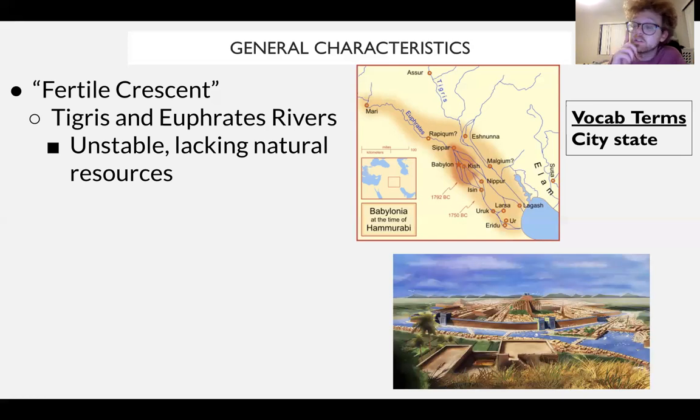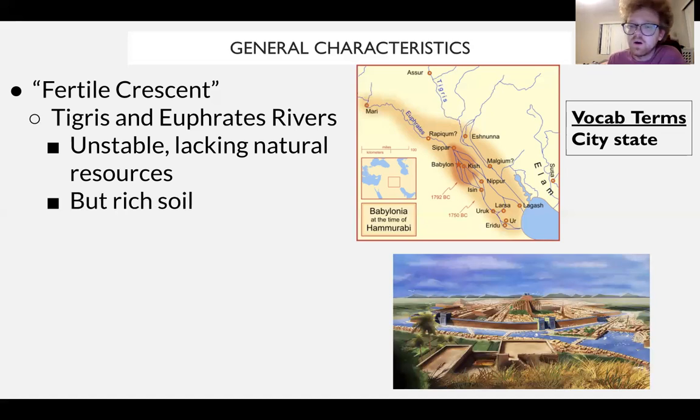Therefore, it's going to need to trade. The Middle East is a place of trade, of connections between different parts around the world, between Africa and Asia, Europe and Asia. And as a result of this natural deficiency, trade is going to be a major component of life in Mesopotamian civilization, as we'll see.